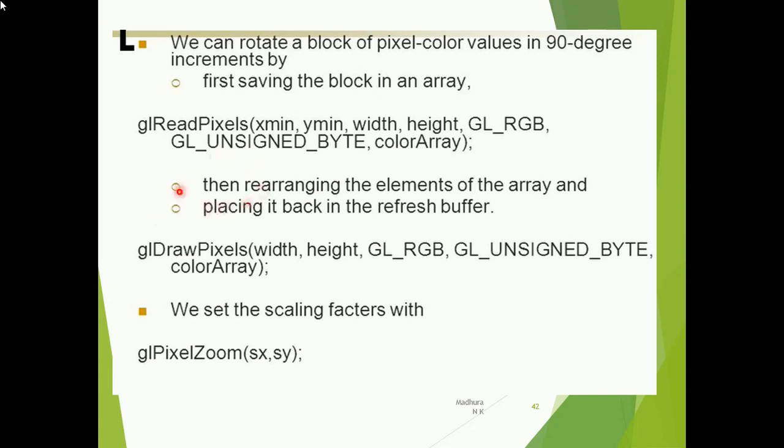After rearranging the pixel values, you have to place them back into the refresh buffer, so you have to do another activity here. First you read the pixel information, and reading means you are creating an array. Then rearrange the columns and rows of the array, and you'll get a final array.